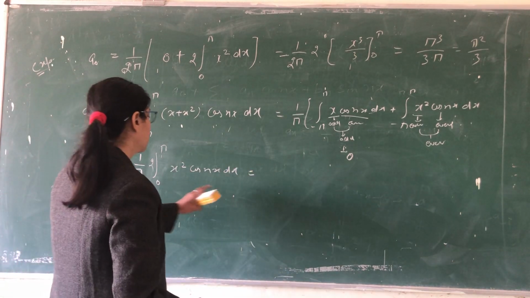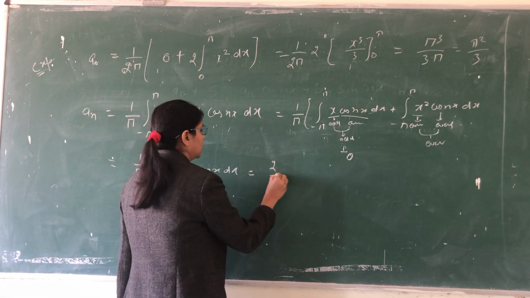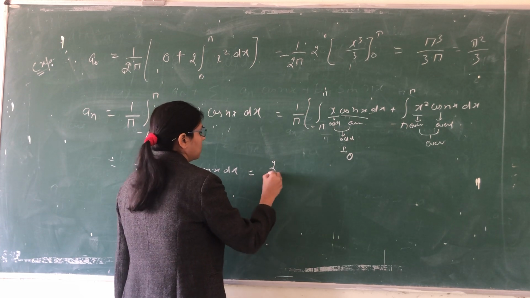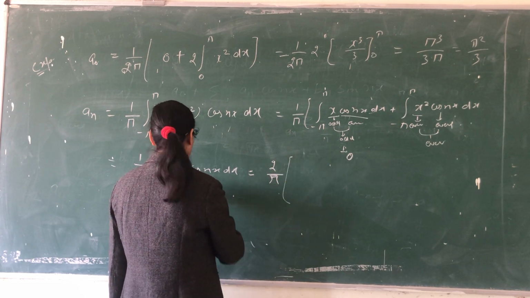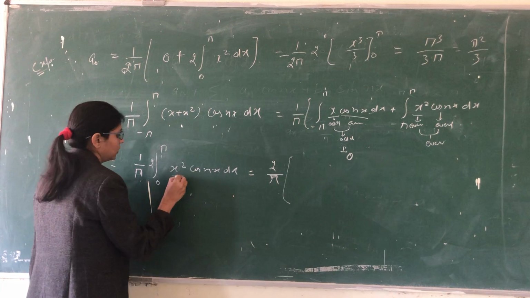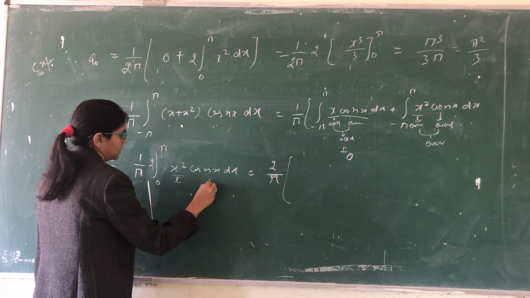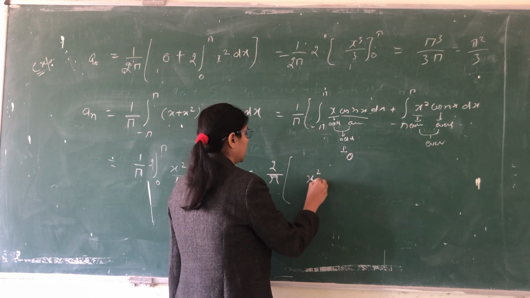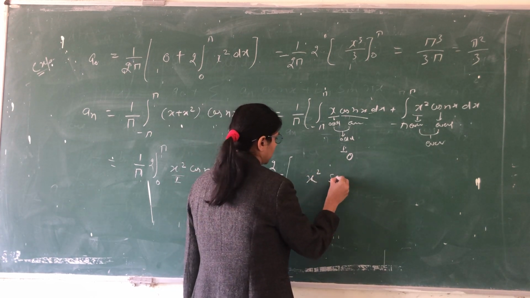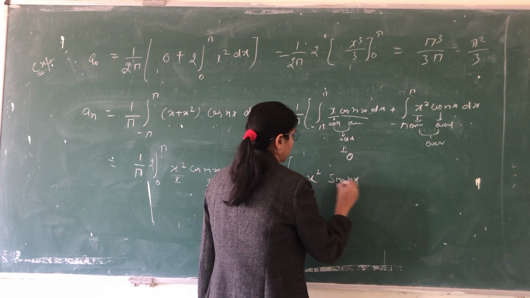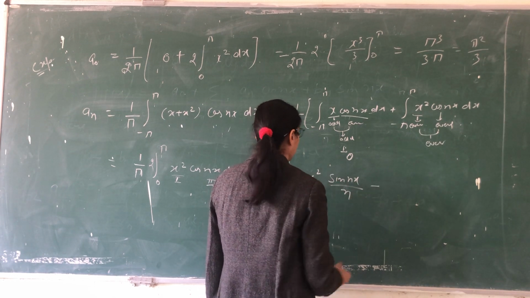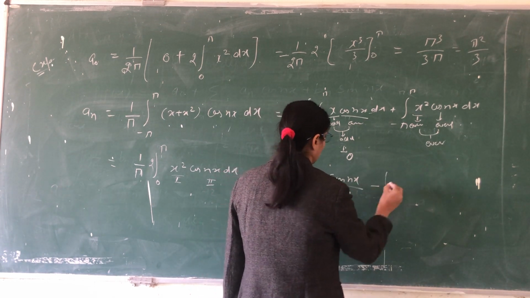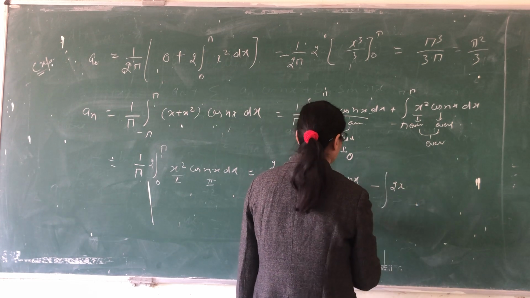Solving this by parts, it can be written as 2 upon pi integration. First of all, this is your first part and this is second part. Keeping the first part and integrating the second part. X square cos nx integration is sin nx over n, and minus sign, integration of x square we differentiate. This is twice time.